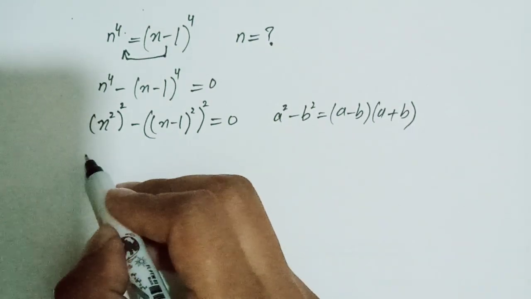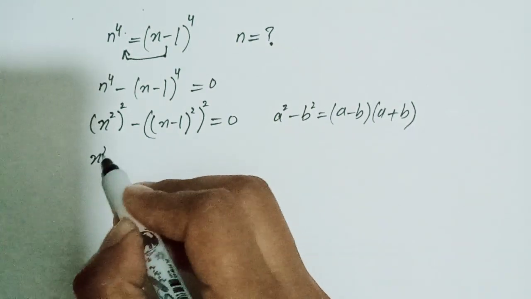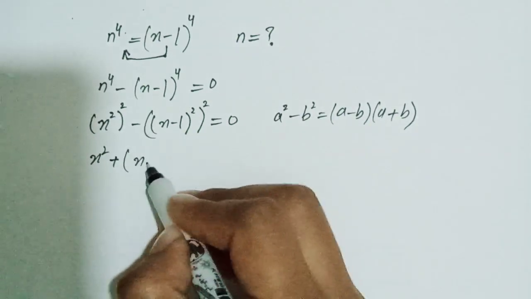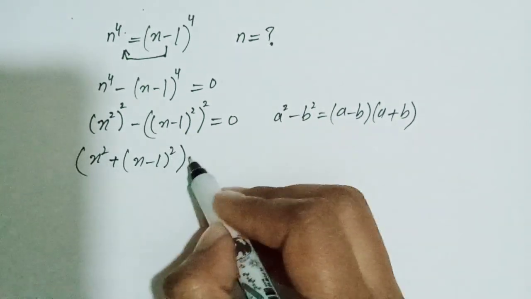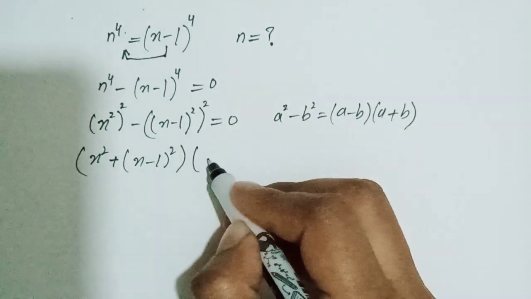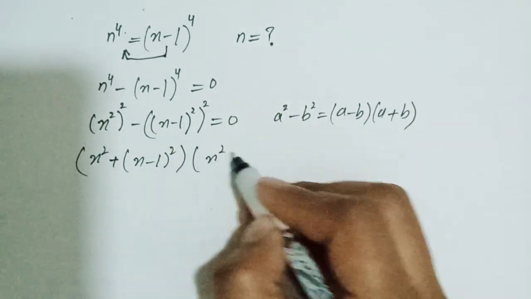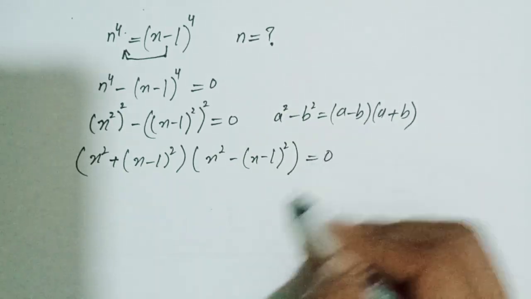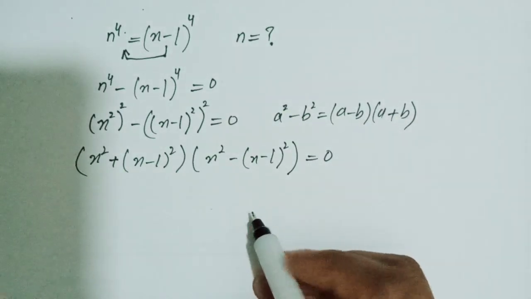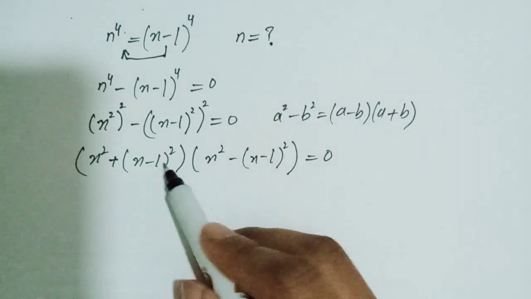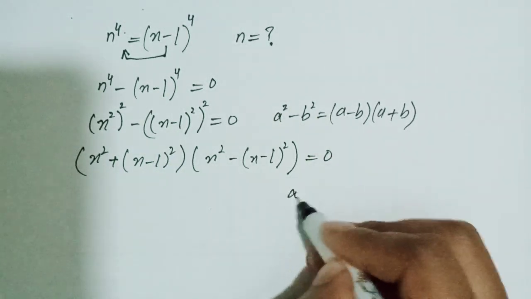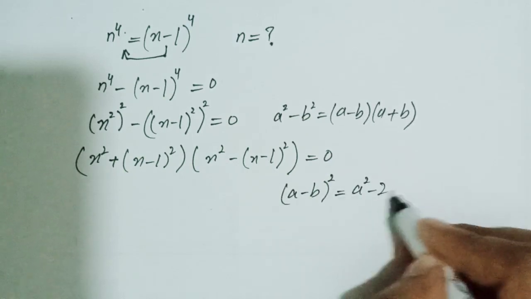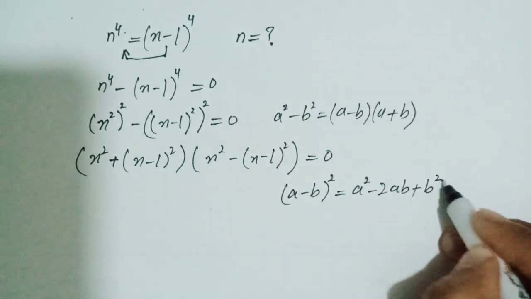So I can write this as n square, firstly in the positive, n minus 1 square, and then in the negative, n square minus n minus 1 square, which equals 0. So let's open this square. n minus 1 square, as a minus b whole square equals a square minus 2ab plus b square.